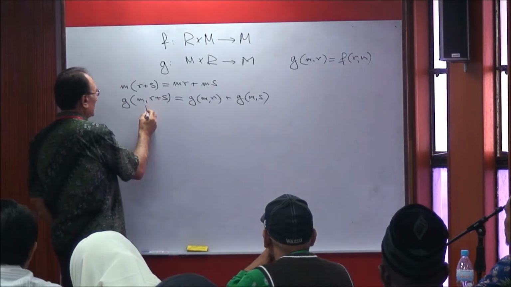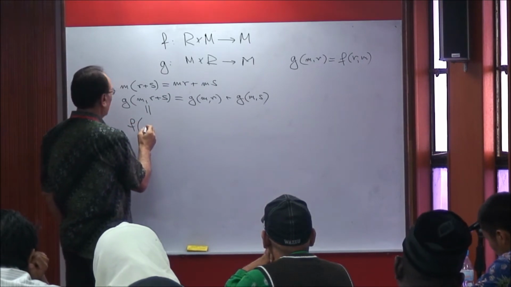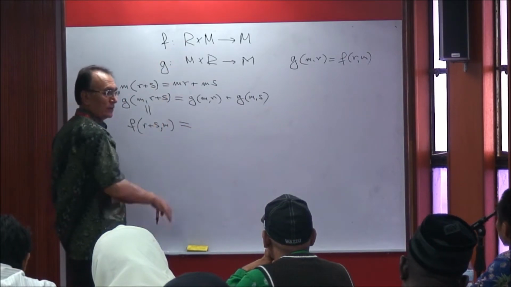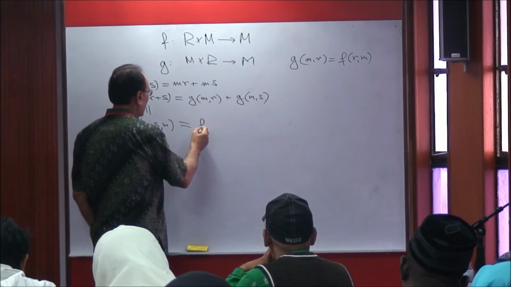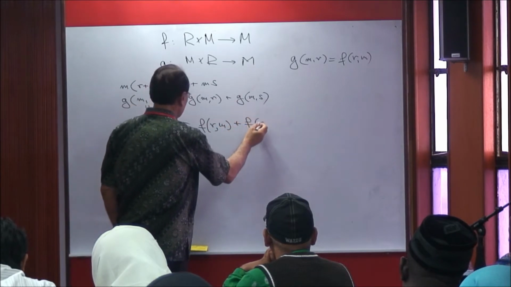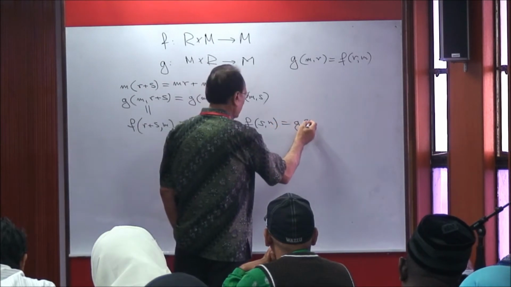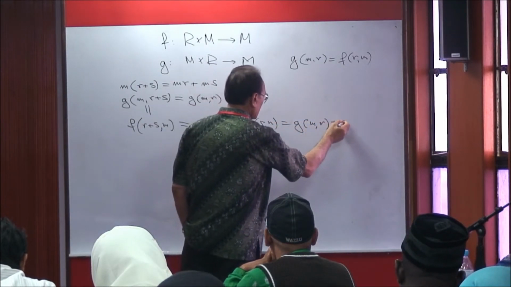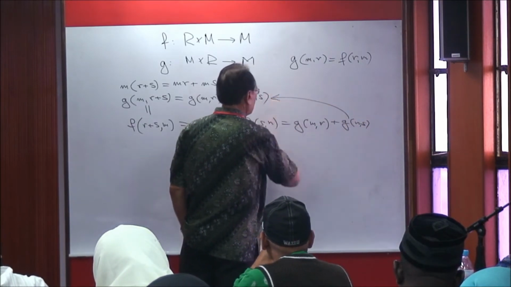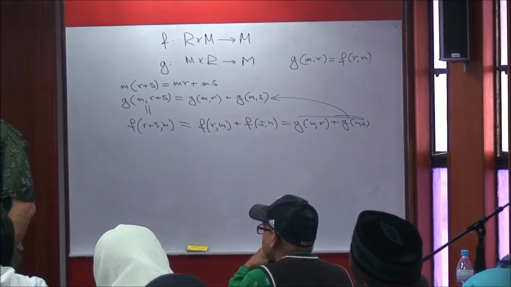Let us check it. According to the definition, this is F of (r + s) m. But this is a left module, so I can distribute. The result will be F of r m plus F of s m. When I convert again, this is G of (m, r) plus G of (m, s). So the first axiom is easy to verify.